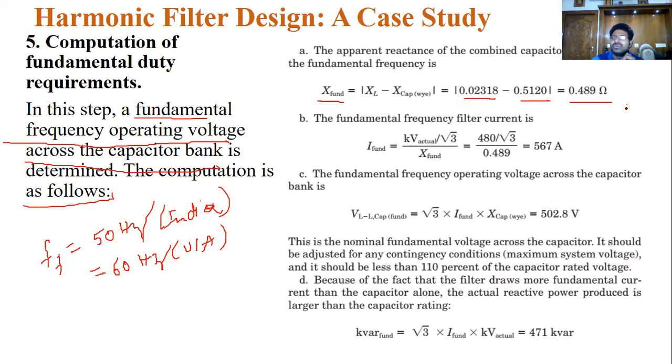P is equal to VI, the formula we use everywhere. If it is a three-phase power system, we use √3. So what is the power rating? What is the current rating? Then V is equal to IR, and everywhere we use V is equal to IZ. Everywhere we are using only these formulas. These are the basic formulas. You can solve any type of problem by using these simple relationships.